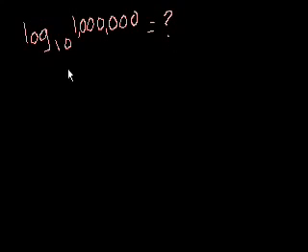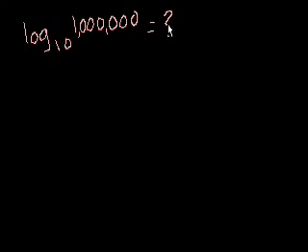Well, all we have to ask ourselves is 10 to what power is equal to 1 million? And 10 to any power is equal to 1 followed by that many zeros. If you say 10 to the fifth power, that's equal to 1 followed by 5 zeros. So 1 followed by 6 zeros is the same thing as 10 to the sixth power.